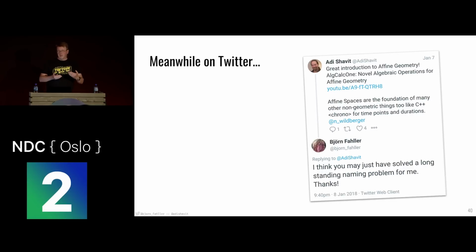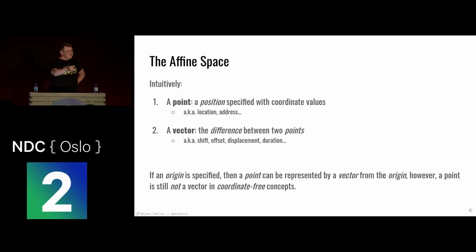The latter two are one-dimensional geometries, and the plane is two-dimensional, but it's the same principle. So I have Adi to thank for finding the name for this so that I could add it to my library. And with that, I hand over to Adi.